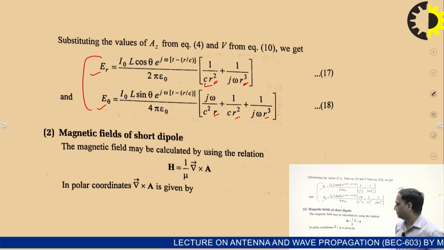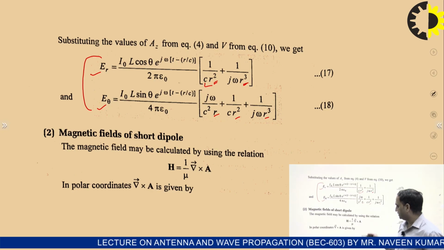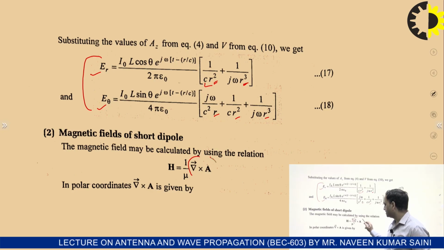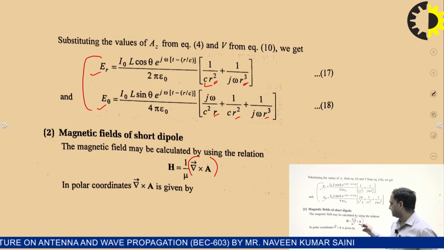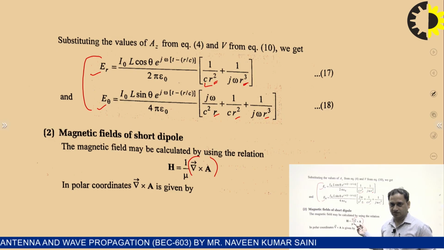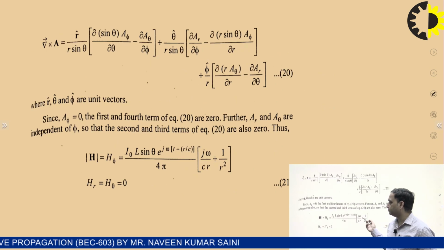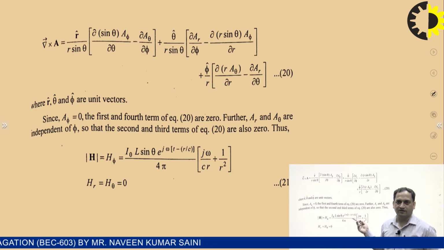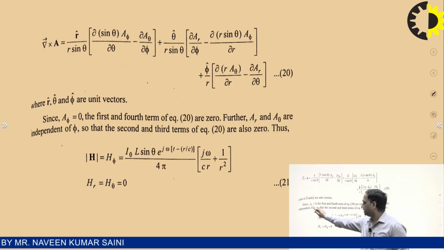So now next is the magnetic field for the short dipole. The formula is the same as we have just discussed, that H is equal to 1 upon mu del cross A. So we will take the del cross A in the spherical coordinate system again. So this is the formula, but you must know it in the matrix form. Okay, so here A phi is 0.